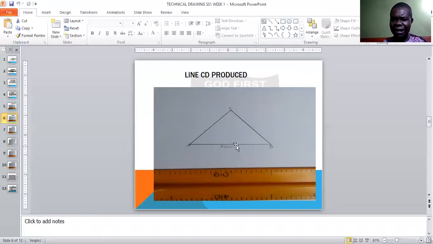You place it at D, you cut. You also place it at C here, you cut. You place it at D, you cut. You have bisected line CD. Then where the arcs meet at the left-hand side and at the right-hand side, you join them with a light line. That is what you will see here.